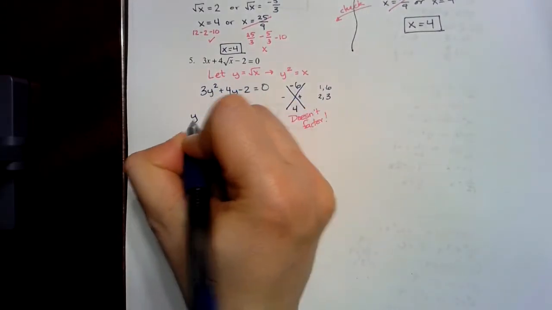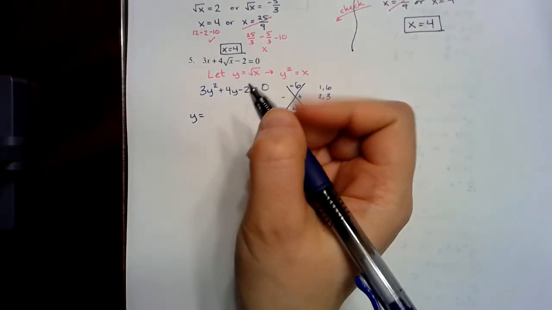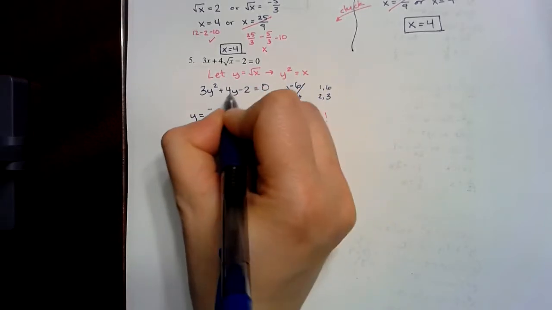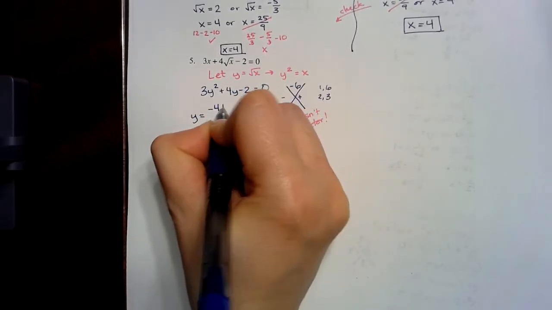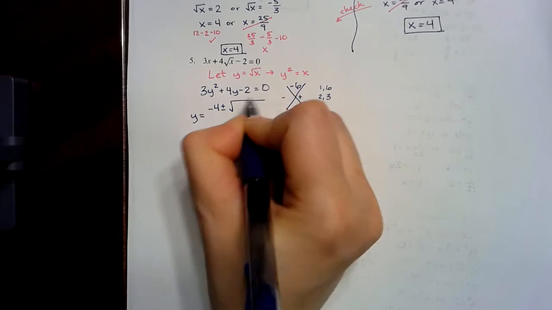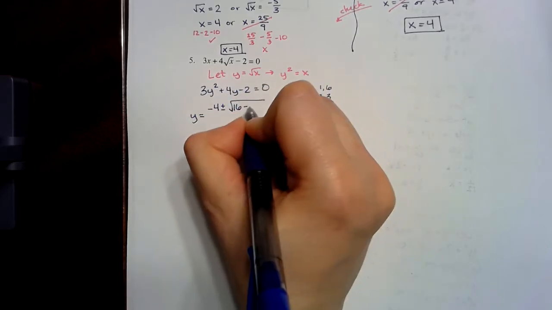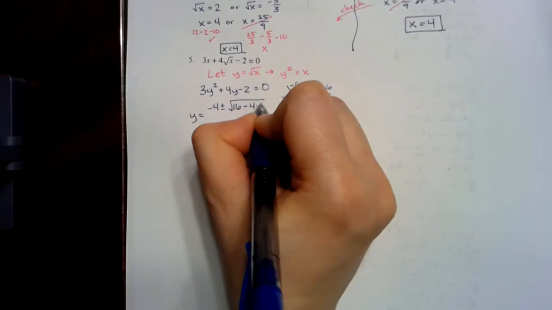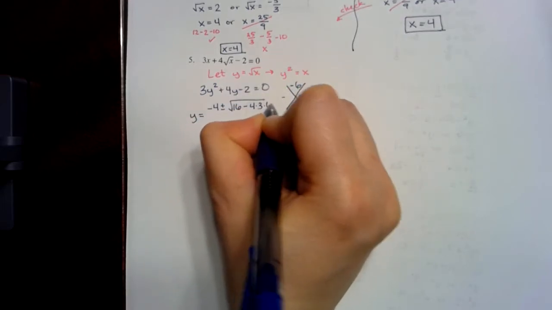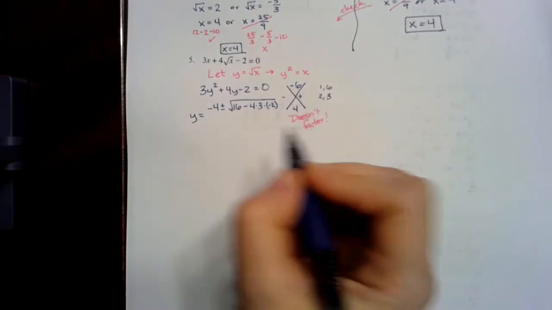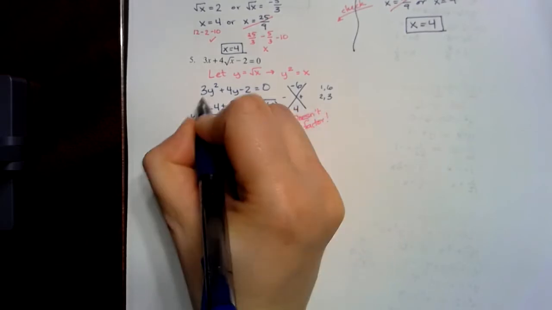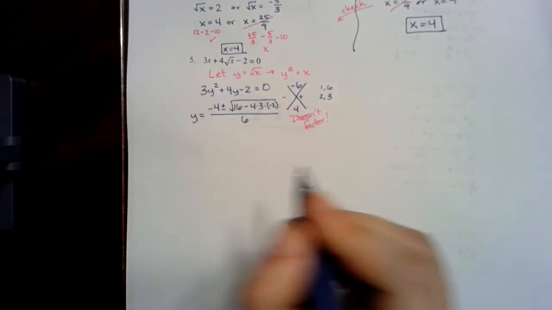I could, for example, apply the quadratic formula. Negative b plus or minus the square root of b squared minus 4 times a times c, all over twice a.